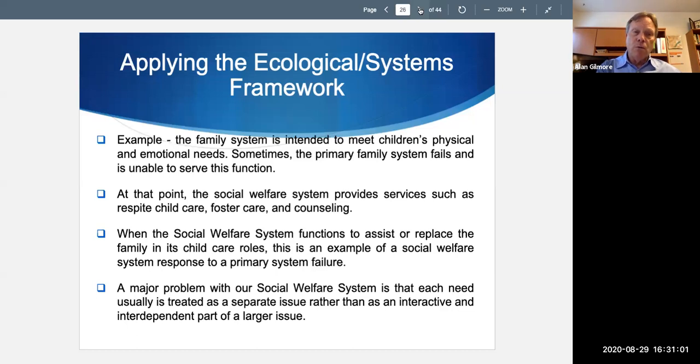And so what historically you found, that's changed a bit, but historically what you found was that if there was an issue of mental health and substance abuse for a particular individual, if you referred them to a substance abuse treatment program, they often were going to be rejected because the program would say, send them back when you've addressed their mental health issues.